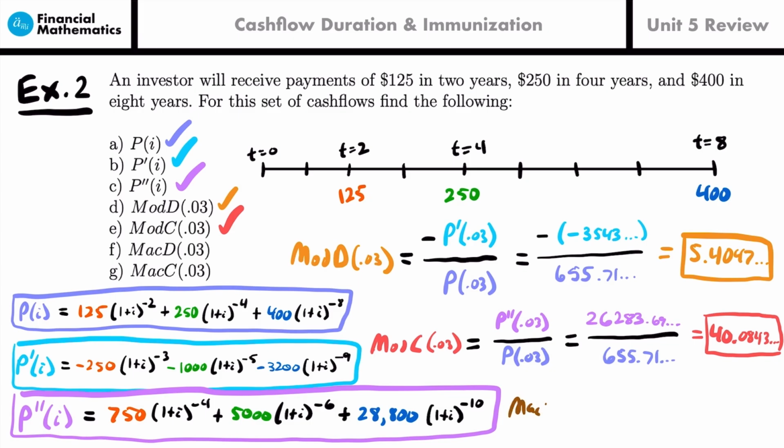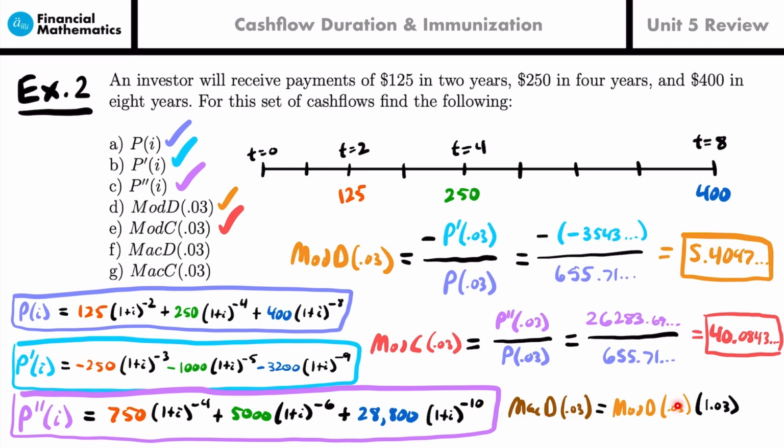Remember that the Macaulay duration, in this case at a 3% interest rate, will be equal to the modified duration at that same interest rate, but brought forward one period. We'll be multiplying by 1.03, 1 plus that interest rate. The Macaulay duration is the modified duration brought forward one period, and the modified duration is the Macaulay duration brought back one period.